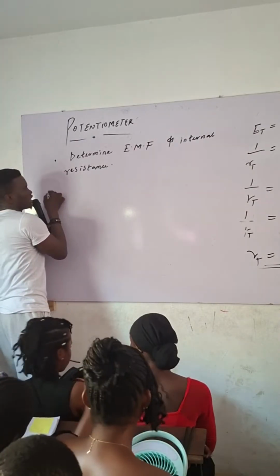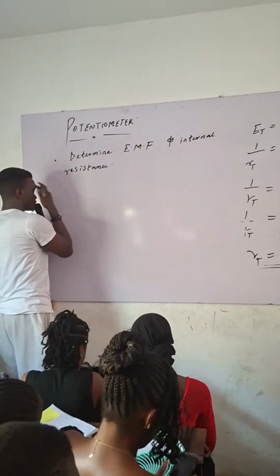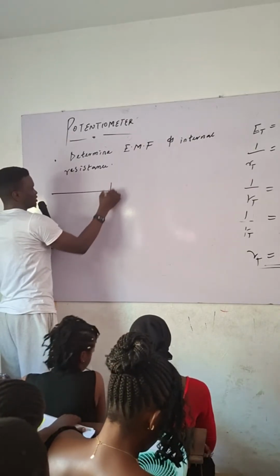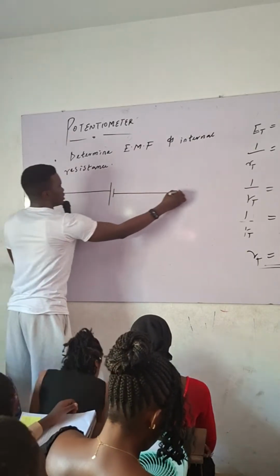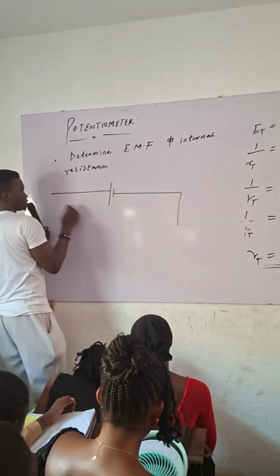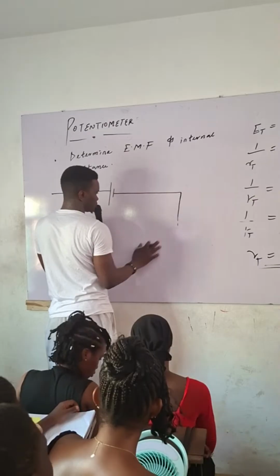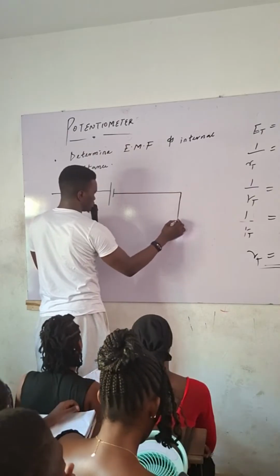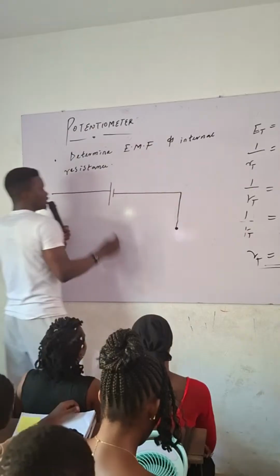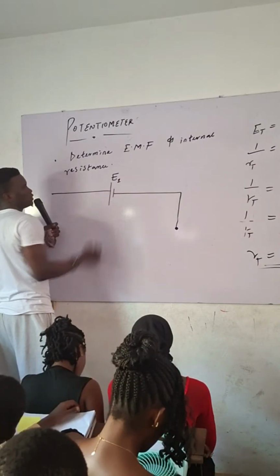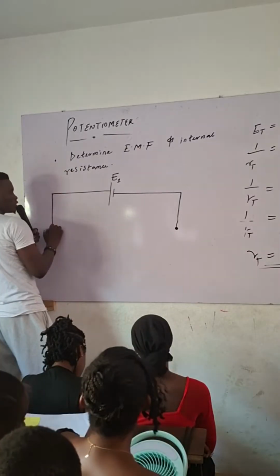When you have a potentiometer, in this scenario, there is a cell E1 connected to a length of wire.